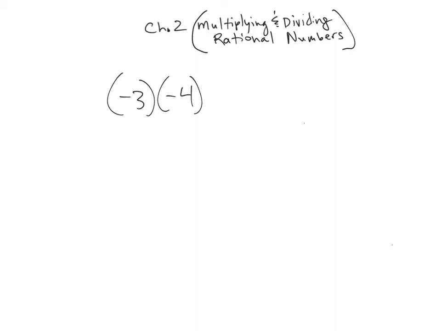Well, there's two negatives, so the answer is positive, and 3 times 4 is 12. With division, we have negative 64 divided by 8, so there's one negative, and 64 divided by 8 is 8, and since there's one negative, it is negative.